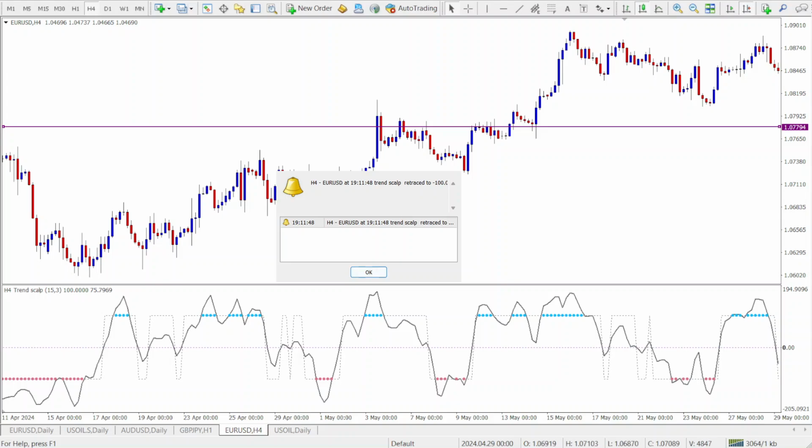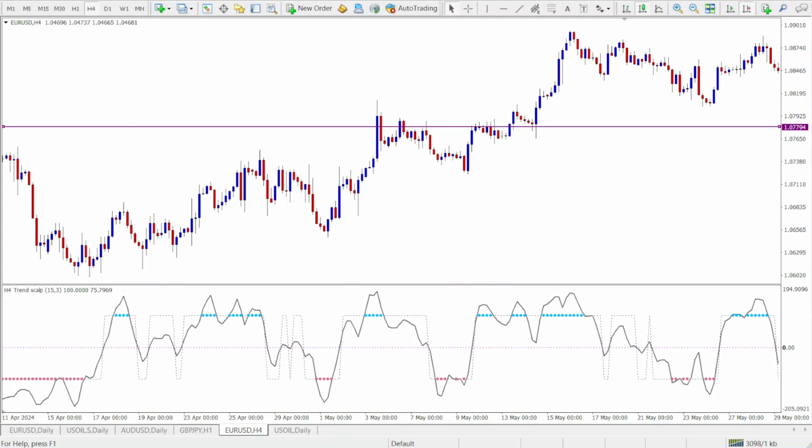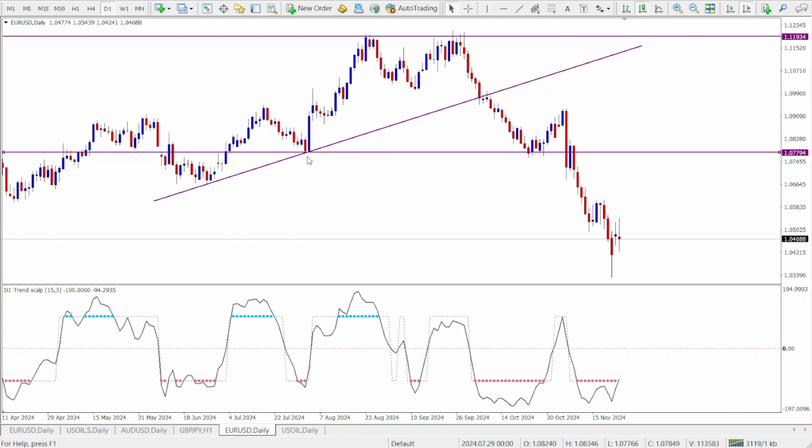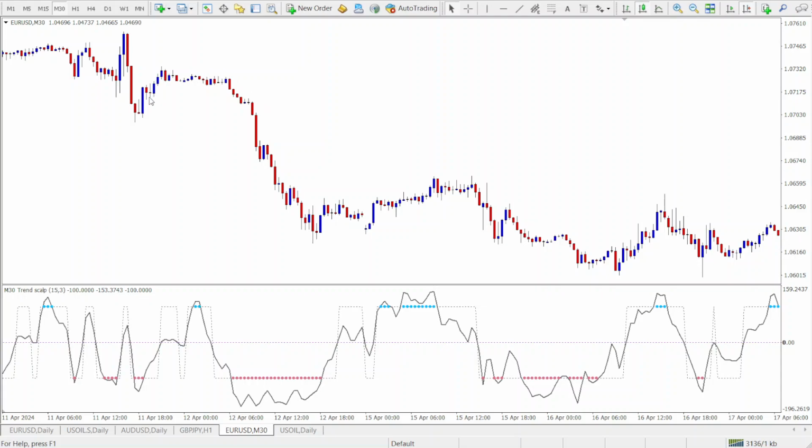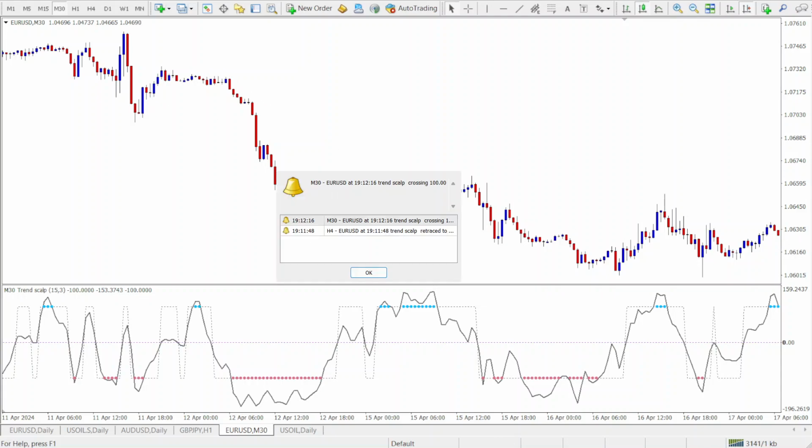In addition to the precise signals in the indicator window, you also get alerts. That's quite a nice feature. As we can see, when there is a signal, I dropped to a lower time frame, and you can see we got an alert.